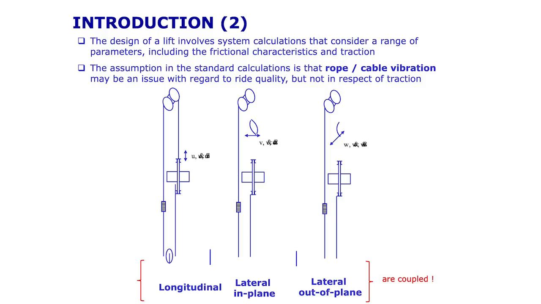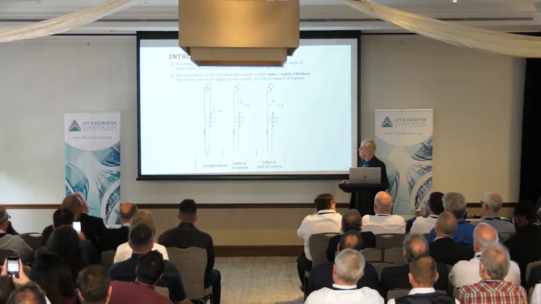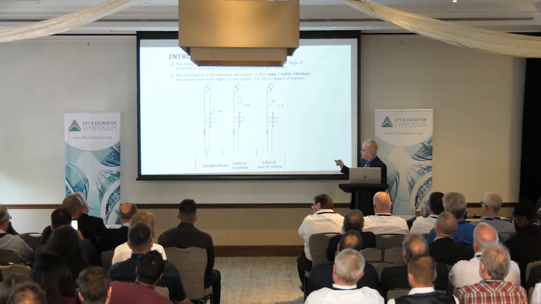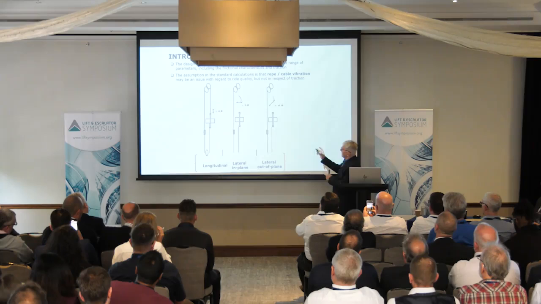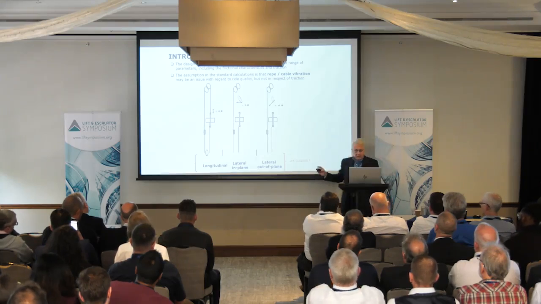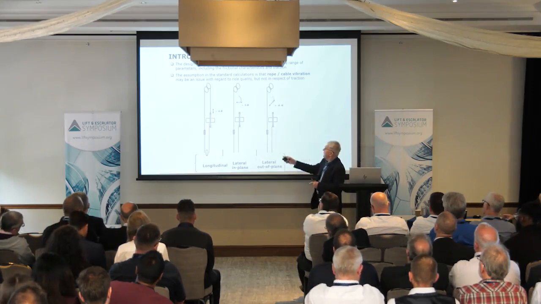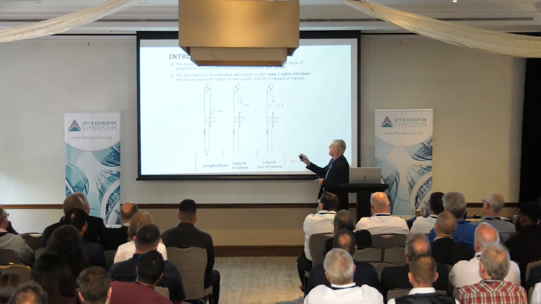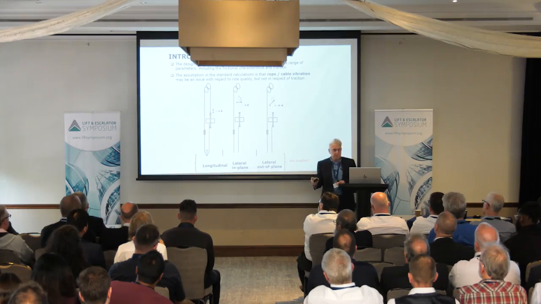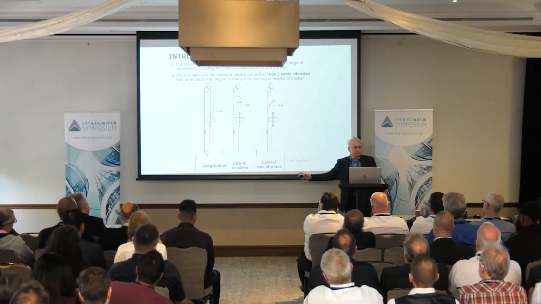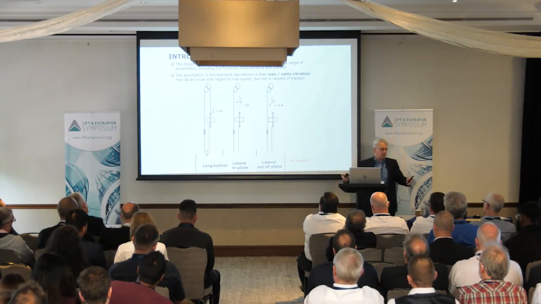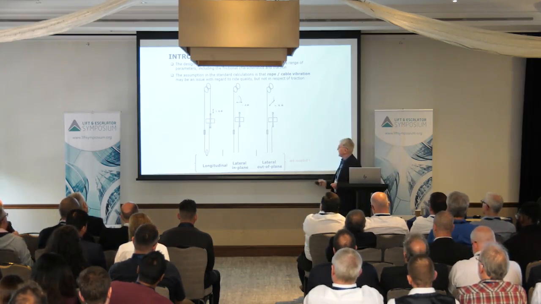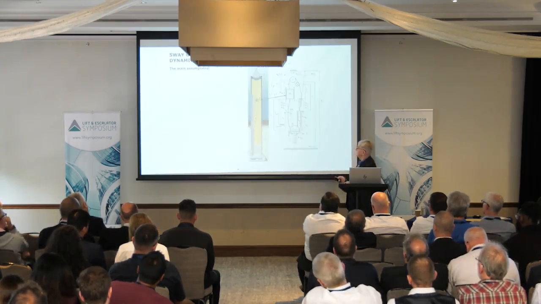We've got vibration in the longitudinal direction and in the lateral direction, and there are two planes in the lateral direction: in plane, which is here, and out of plane. What is important here is that we have vibration of the car and vibration of the ropes. They are coupled, so they are not independent. They interact with each other, and we will see how this can be accommodated.